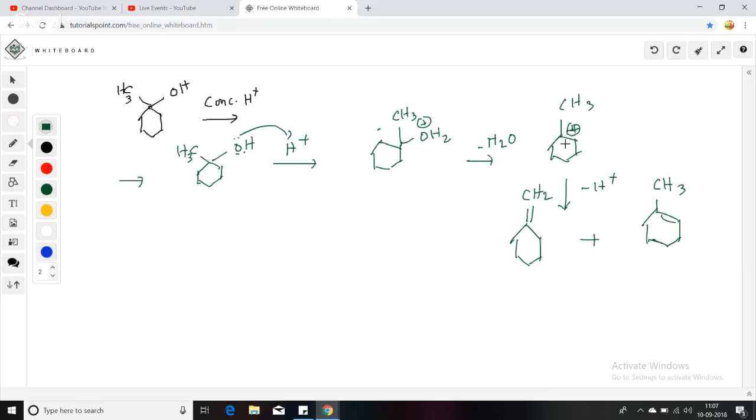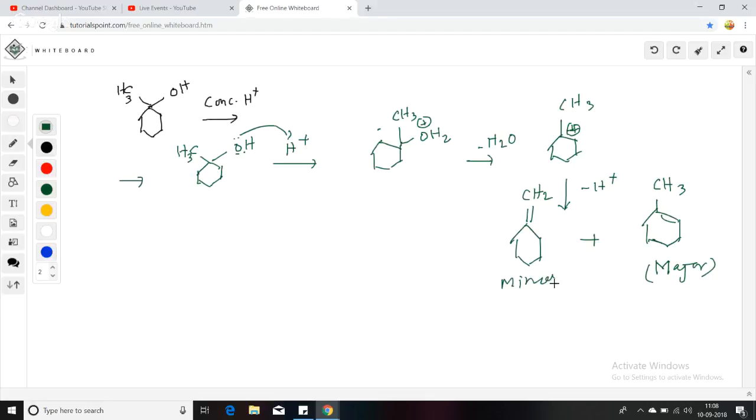But according to Saytzeff's rule, the hydrogen comes out from the carbon which has less number of hydrogens. Either hydrogen comes out from this carbon or this carbon, and that gives you the major product. This one is the major product according to Saytzeff's rule, and this one is the minor product.